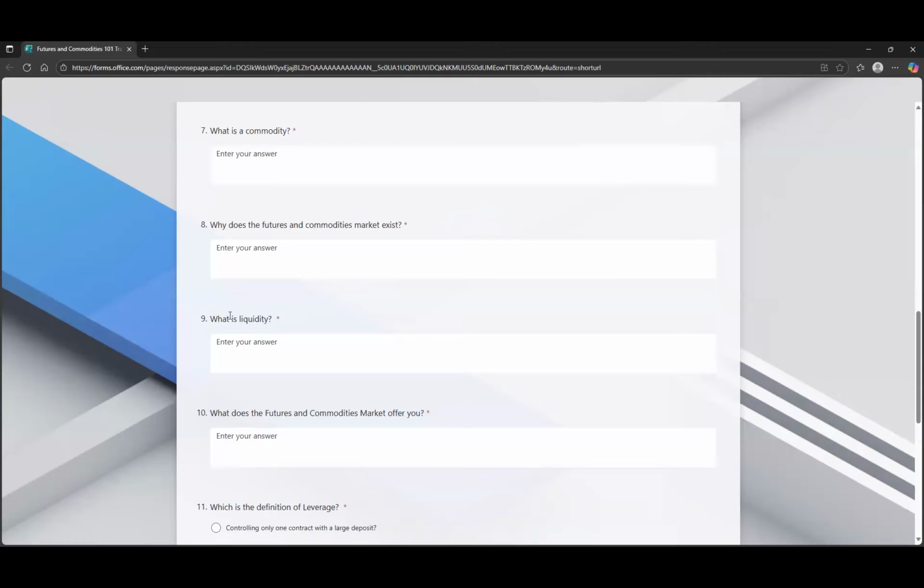Why does the futures and commodities market exist? The futures and commodities market exists for leveraging purposes. Okay, for those on the call who may be wondering what you mean by that, can you elaborate a little bit? Yes.